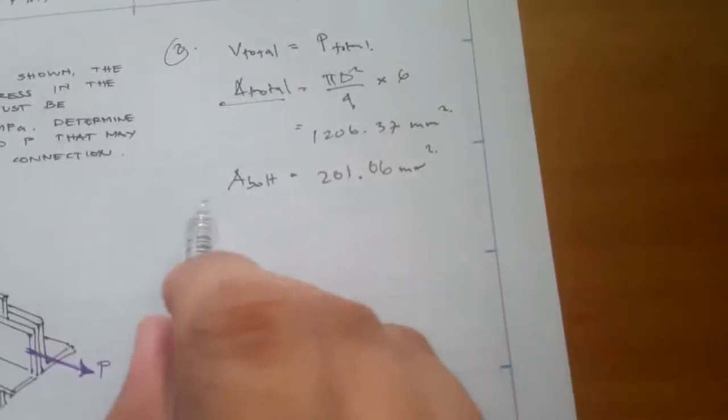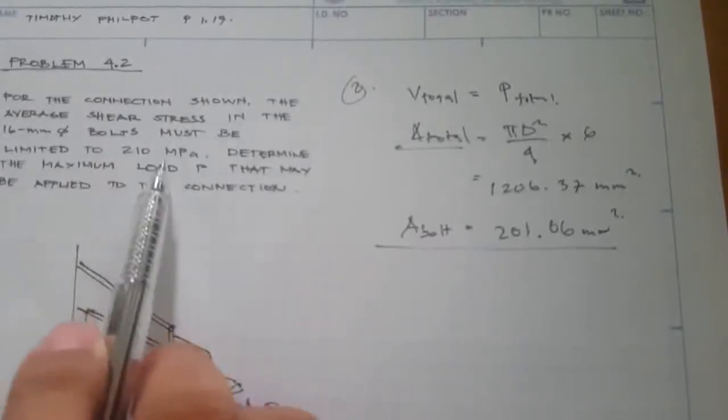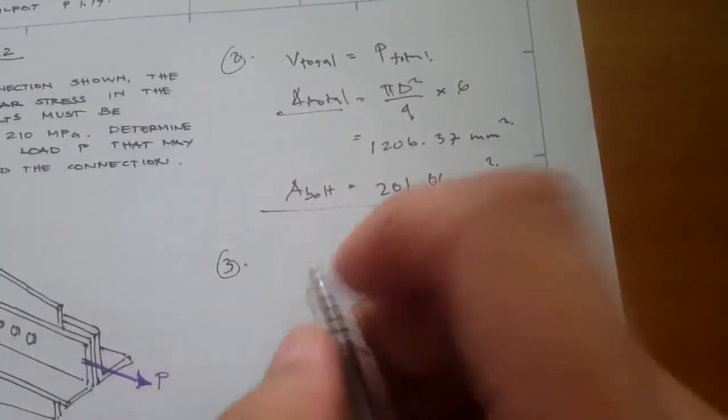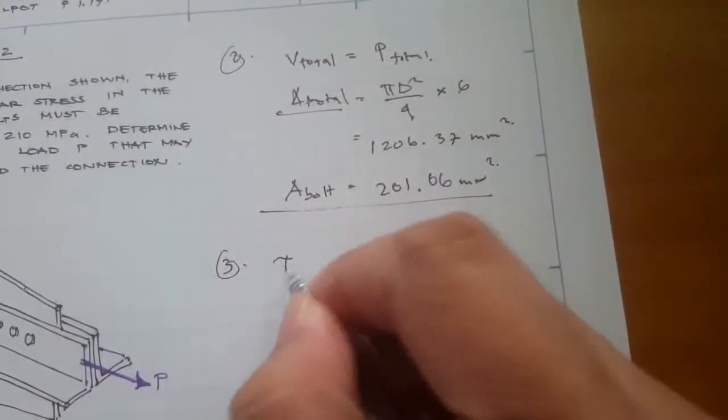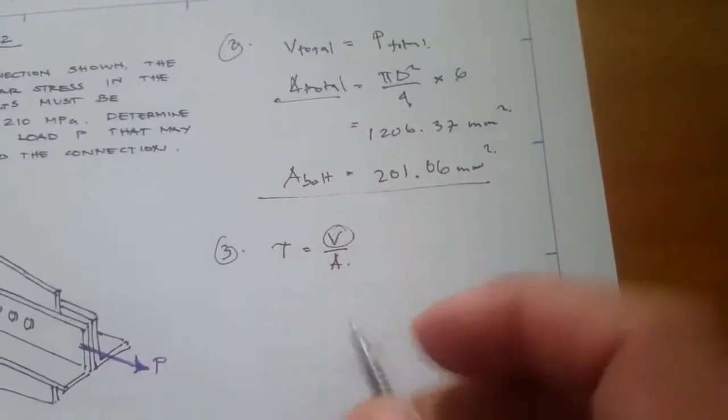So you have the area of the bolt, and you have the limiting value of the stress, which is 210 megapascals. Shear stress is equal to V over A, and this is what we are going to find.